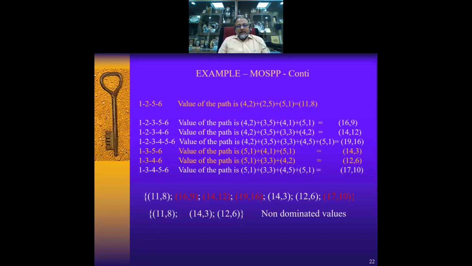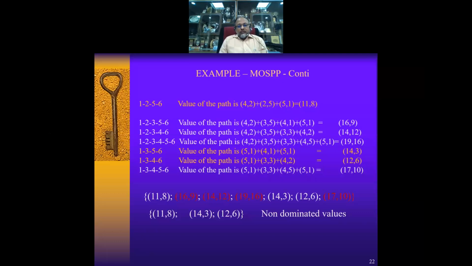Rather I can tell it like this: why is 16 comma 9 not included in the non-dominated set of values? You consider the first vector. The first component 11 is less than 16, and 8 is less than, sorry, 9. Therefore 11 comma 8 dominates 16 comma 9. Therefore 16 comma 9 is excluded from the set of non-dominated values.